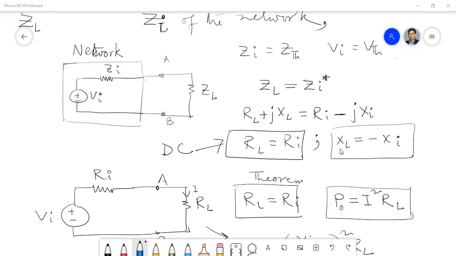But resistances will be exactly equal, because for resistance there is no change in nature. But for reactance, we have two types: capacitive reactance and inductive reactance. Capacitive reactance generally leads the current, and inductive reactance generally lags the current. So that you should know.